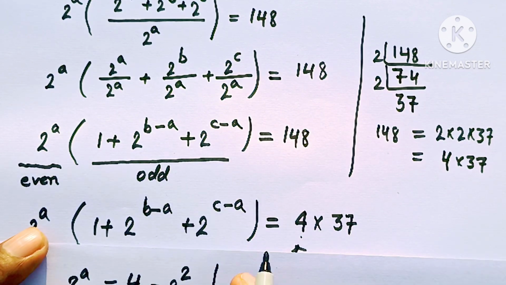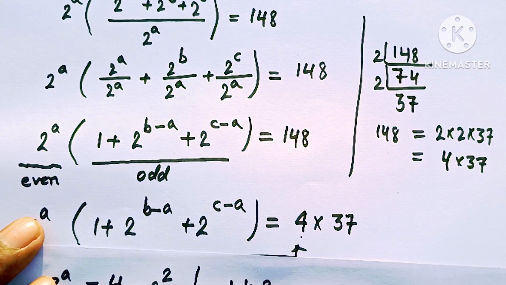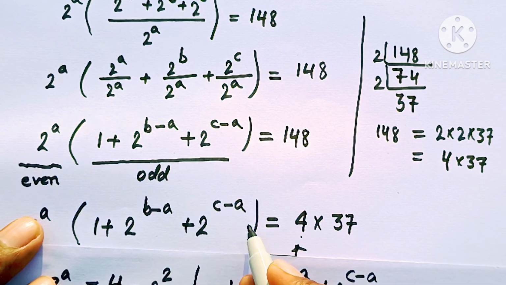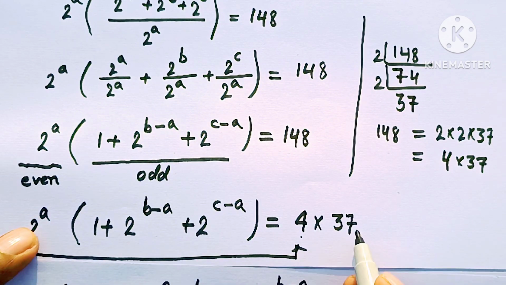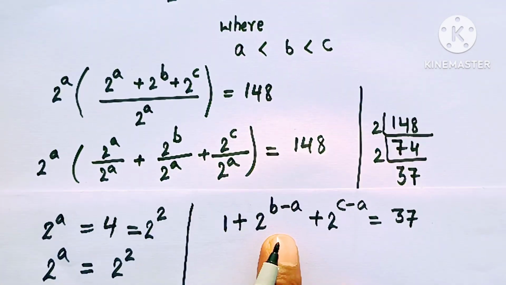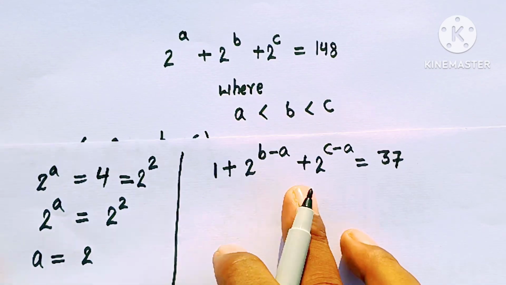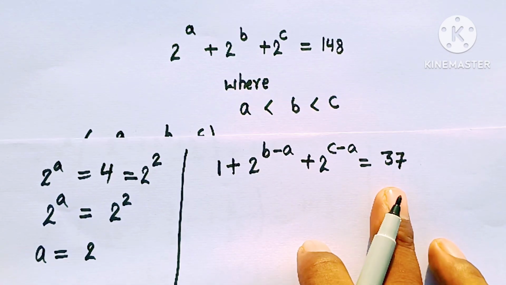And the next result I'm just going to estimate. So here 1 plus 2 to the power b minus a plus 2 to the power c minus a, this whole term will be equal to 37.